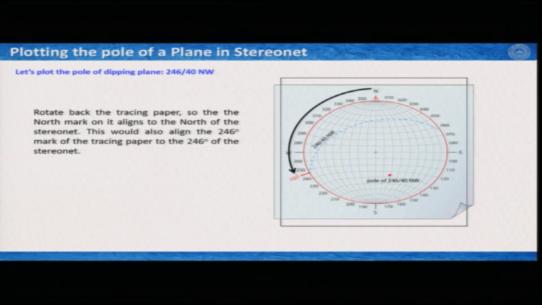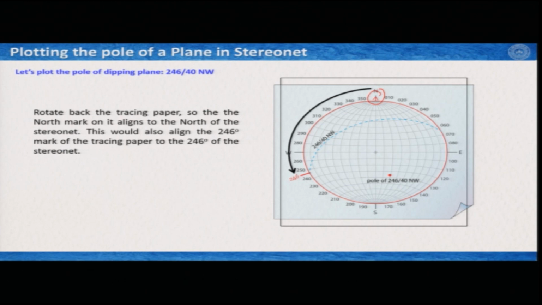So, again you have to rotate it back, so that this 246 degree mark comes back to 246 degrees, and also the north that you marked on the tracing paper aligns to the north of the Stereonet.